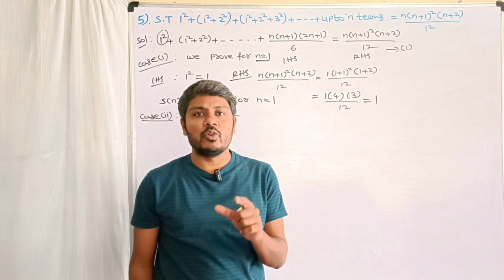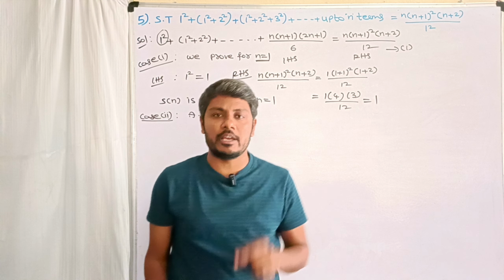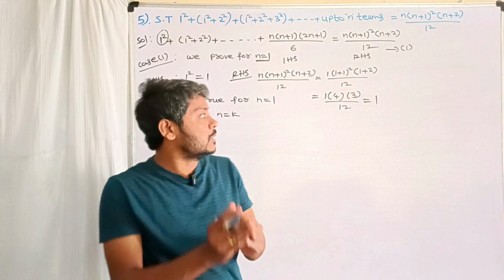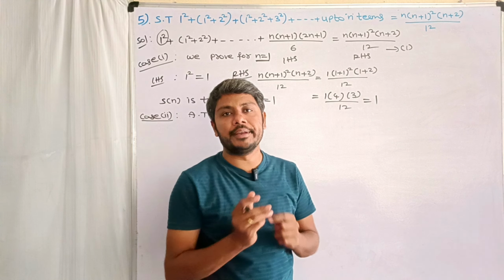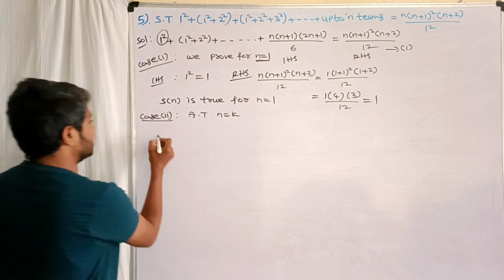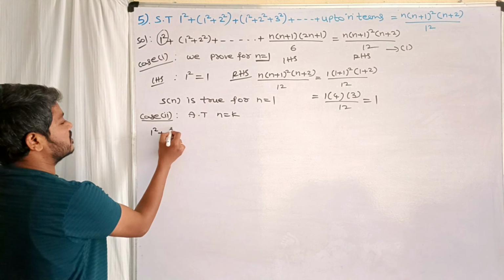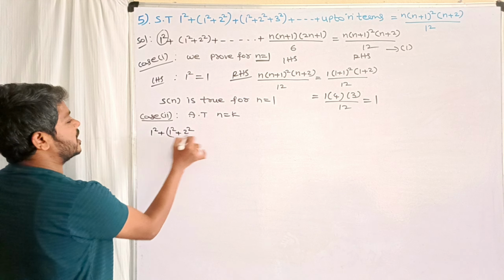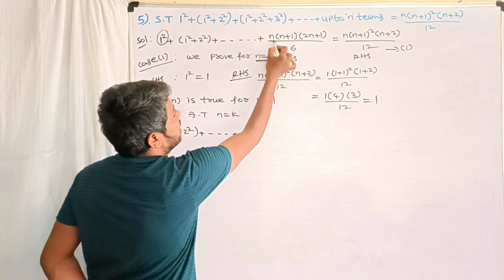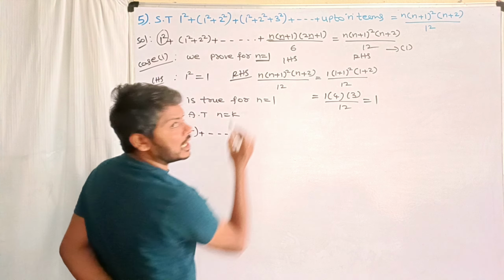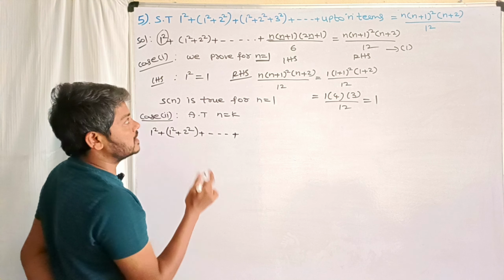So next, case 2: assume that n is equal to k. So you can replace n by k in equation 1. Write LHS equals RHS. That is 1 square plus (1 square plus 2 square) and so on. Here replace n by k in LHS as well as RHS.